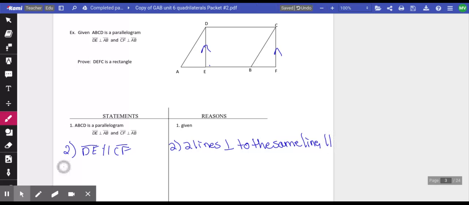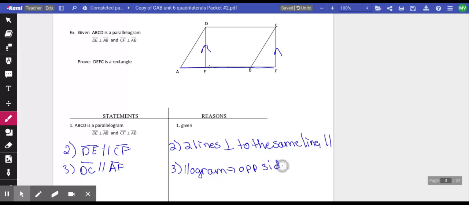Now I also know, since ABCD is a parallelogram, that DC is parallel to AF. I'm doing the whole bottom, and that's okay, because part of a line is parallel, therefore the whole line is parallel. And that's because parallelogram implies opposite sides parallel.